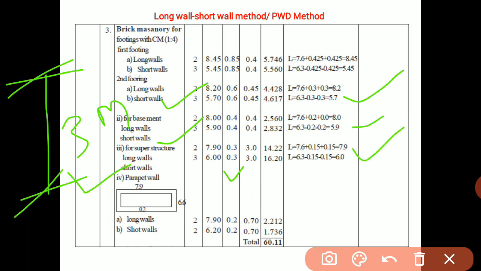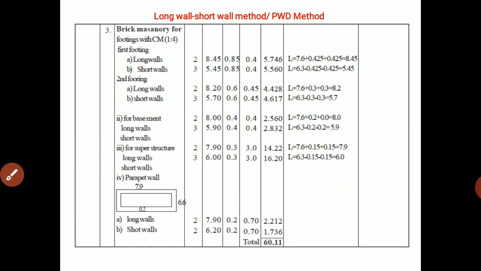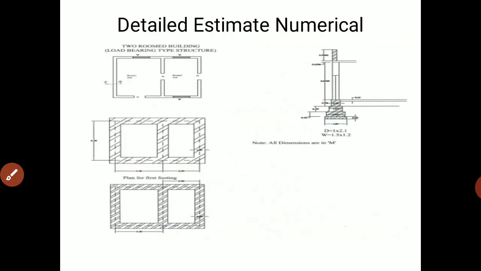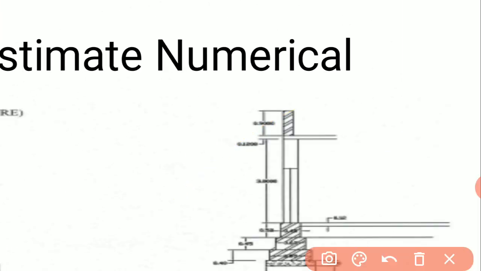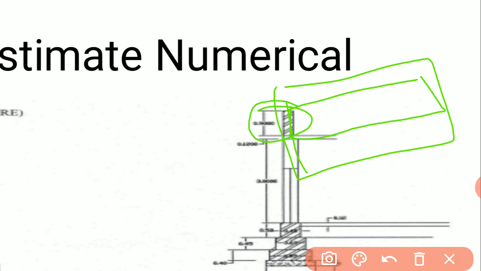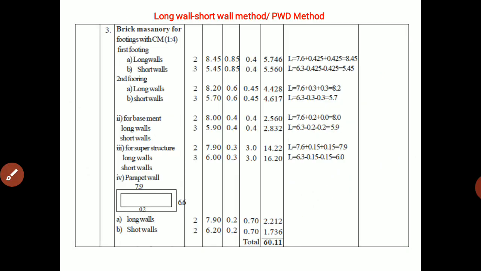Then for parapet wall, we'll see the section. So this is the parapet wall. What we are supposed to do is calculate the perimeter of this slab. Just imagine you are standing on your terrace and calculating brickwork for your parapet wall. So what is the standard height for the parapet wall?